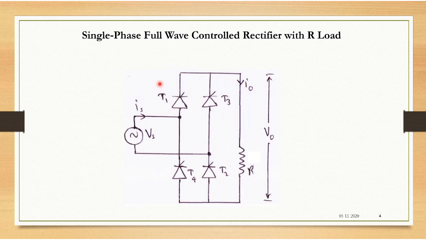The circuit you can see here is a single phase full wave control rectifier. I have used both terminologies so that you get familiar and understand that both mean the same. Full wave control rectifier is the same as full converter. The circuit shown here is the single phase full wave control rectifier with R load.